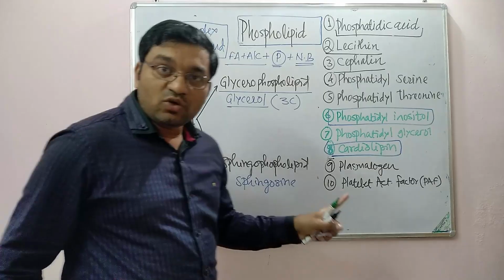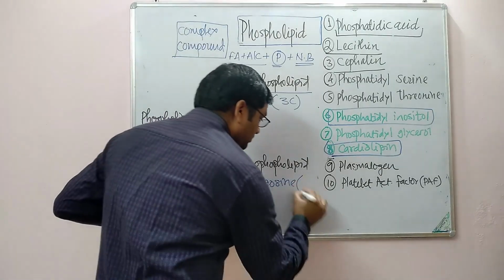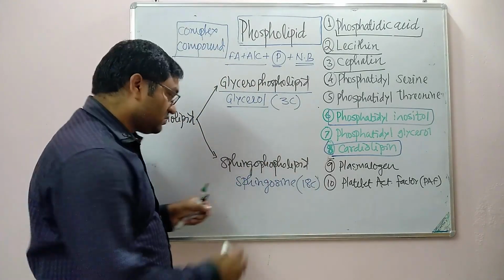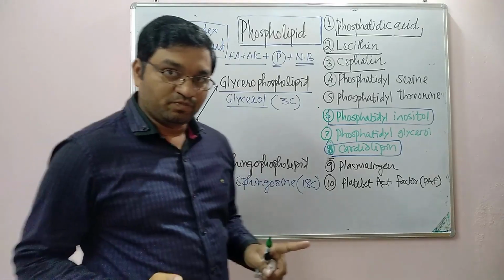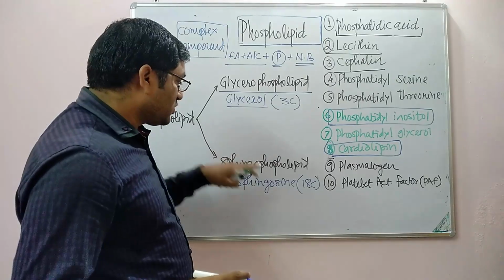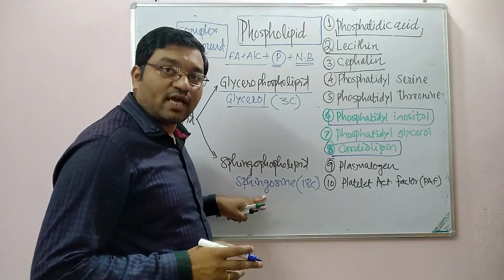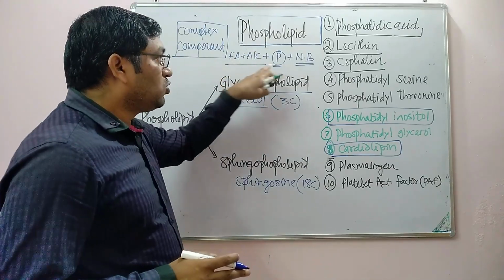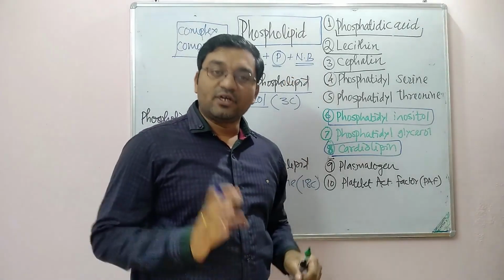This one is an amino alcohol with 18 carbons. And the only example of sphingophospholipid is sphingomyelin. So glycerophospholipid contains glycerol, sphingophospholipid contains sphingosine as an alcohol. And phospholipids contain fatty acid, alcohol, phosphoric acid and nitrogen base.